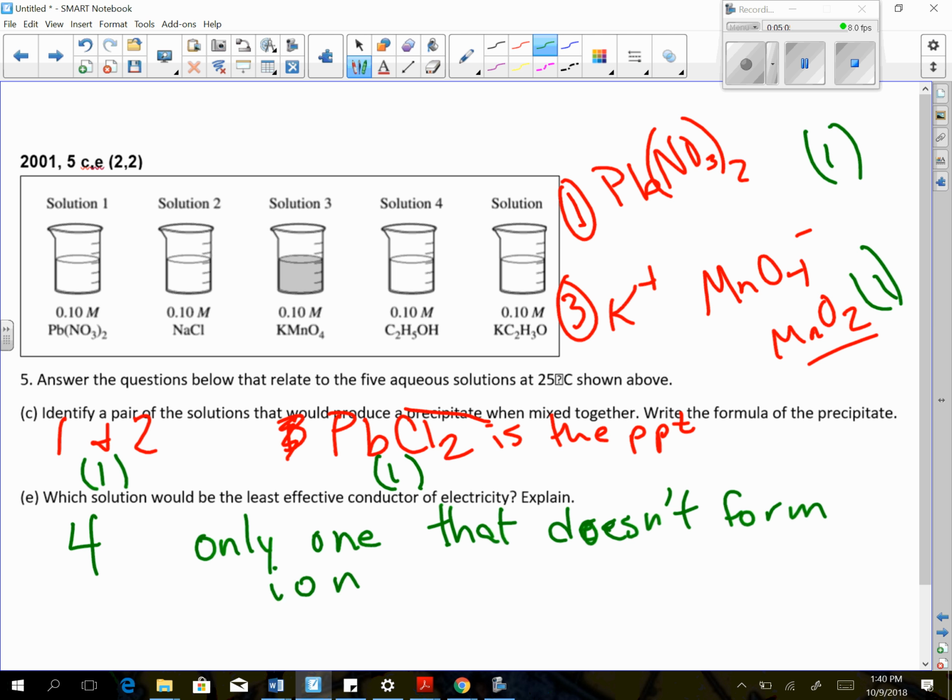How do you know if it's an ionic compound? If you're looking at the other ones, all of the other ones are ionic, and they all contain a metal plus a nonmetal.